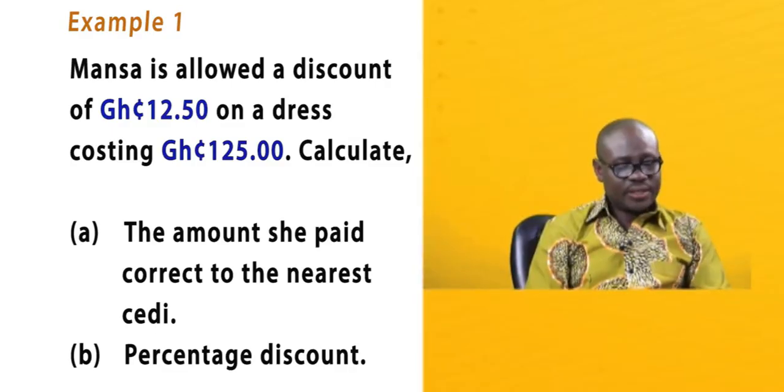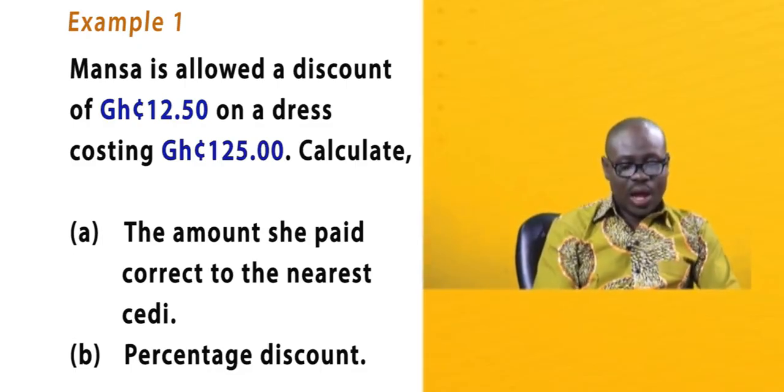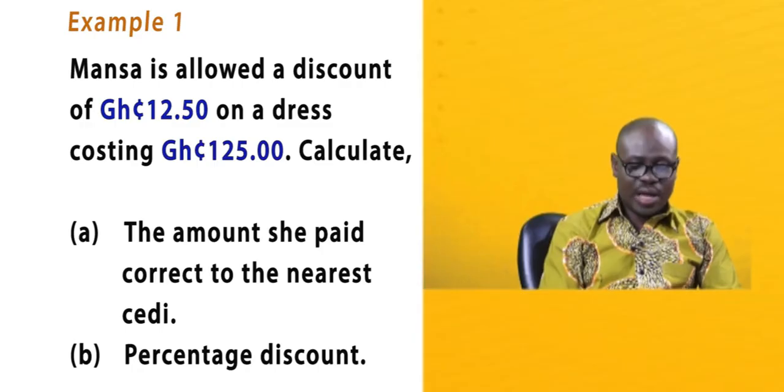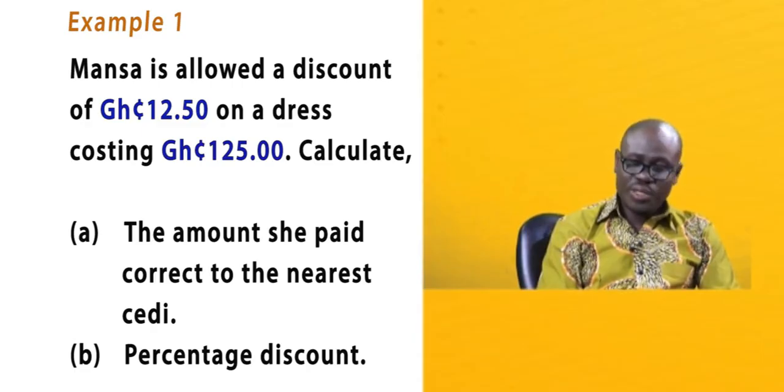Candidates are advised to draw out vital information from every question before they solve. Now, when we go back to the question, we realize that we have been given the cost of the dress, which is 125 Ghana cedis. We have also been provided with the discount allowed, and that is 12 Ghana cedis 50 pesewas. So for the A part, we should find the amount that she paid and correct it to the nearest cedi.